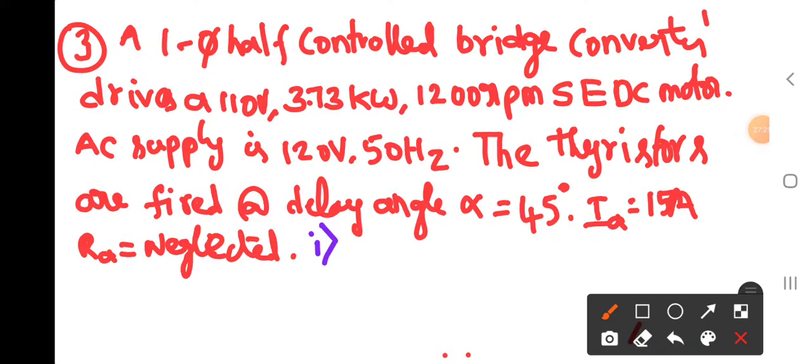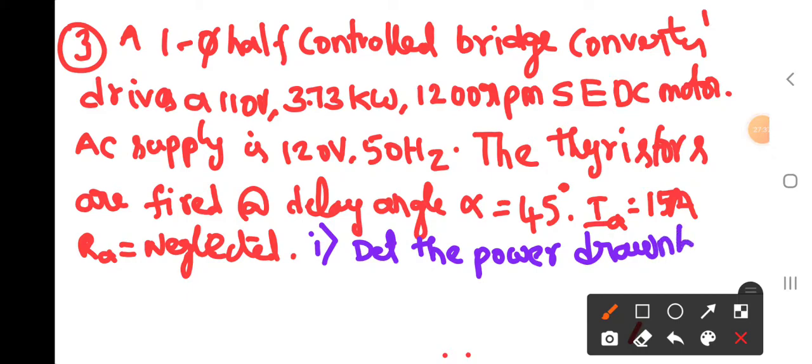Then, first one, determine the power drawn by the motor. Second one, determine the supply volt amps and supply power factor.